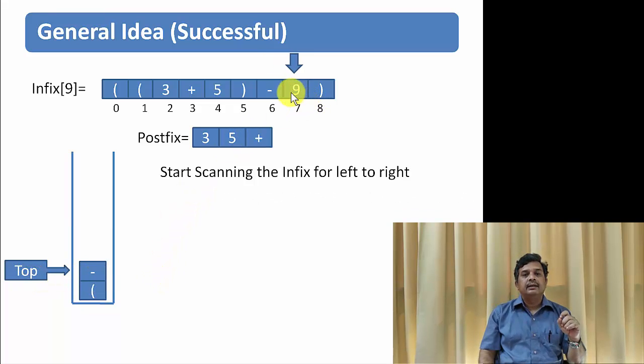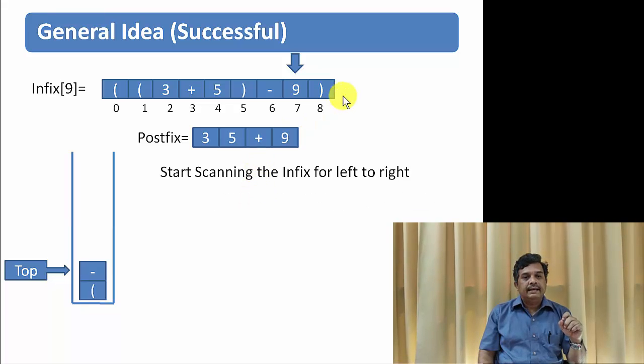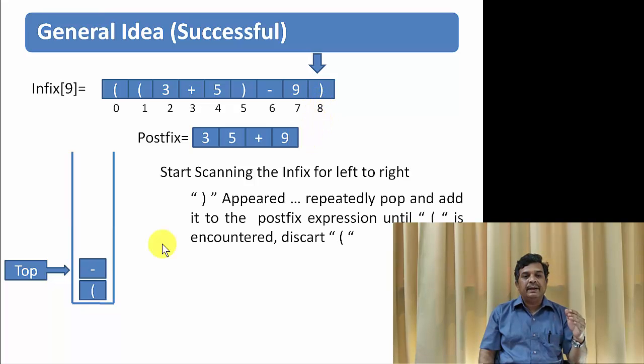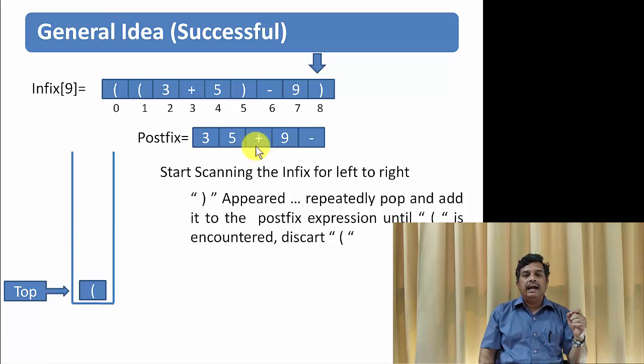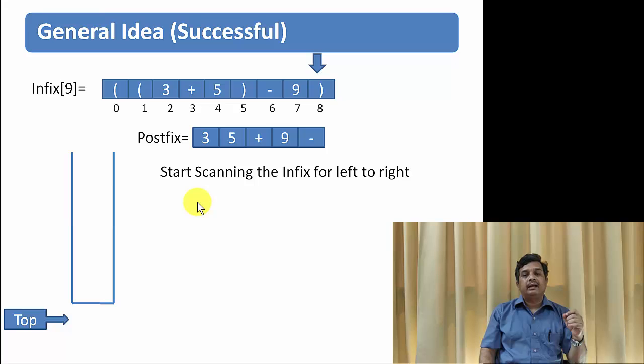The next character is a numeric value, that is 9. So what do I have to do? I have to add it to the postfix expression. And the next character is a right parenthesis. For the right parenthesis, what do we have to do? We have to pop from the top of the stack and add to the postfix expression until the left bracket appears.